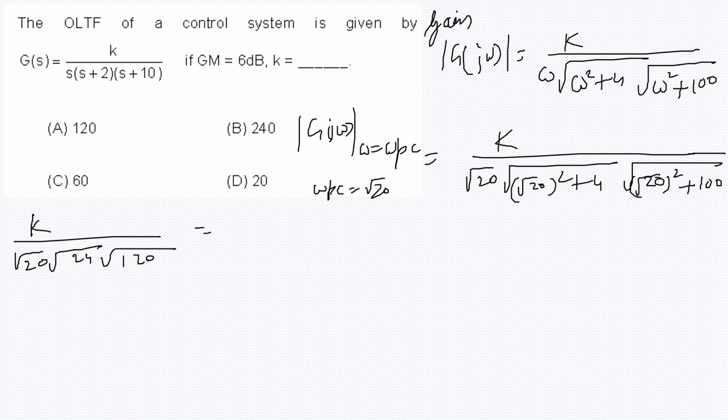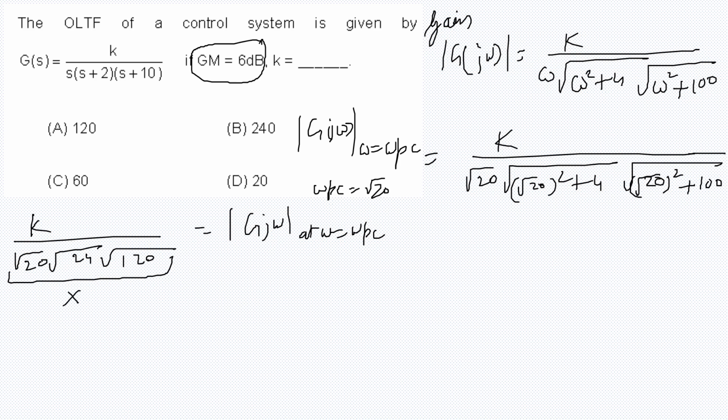Now this is the mod of G(j omega) at omega equals omega pc. Let us focus on what this means. If I call this gain some value x, then GM is 20 log of 1 over x. This is given to me as 6. If you write log of 1 over x, that is going to give you 6 by 20.